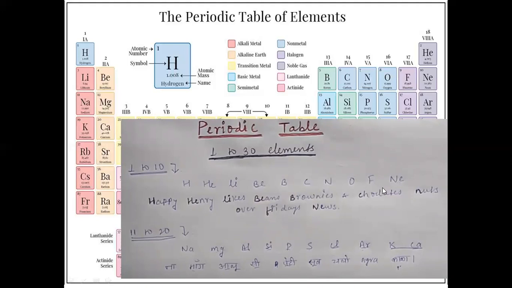So easy to remember, you will not miss anything in the order. Questions are very simple, but tricky ones will come. Remember the order, then only you can write them. Take it down if you want: Happy Henry likes beans, brownies, and chocolate nuts over Friday news.